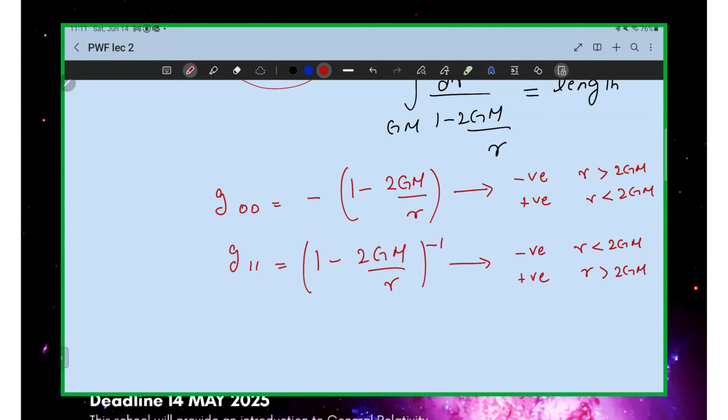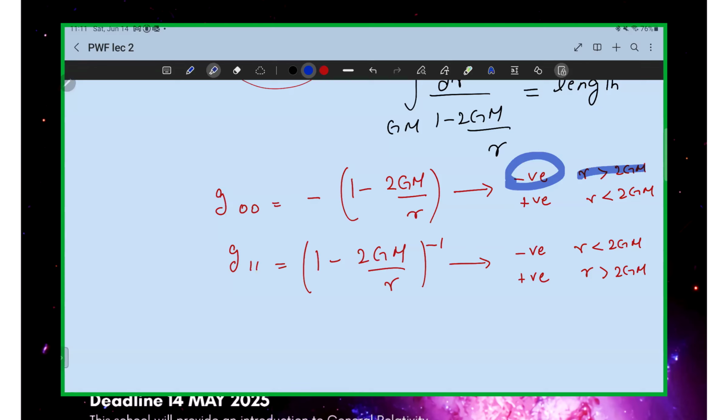You see that if you have a negative metric component, we associate that with time. So when r is bigger than 2GM, which means that you are outside the event horizon, the t coordinate is behaving like a time coordinate.